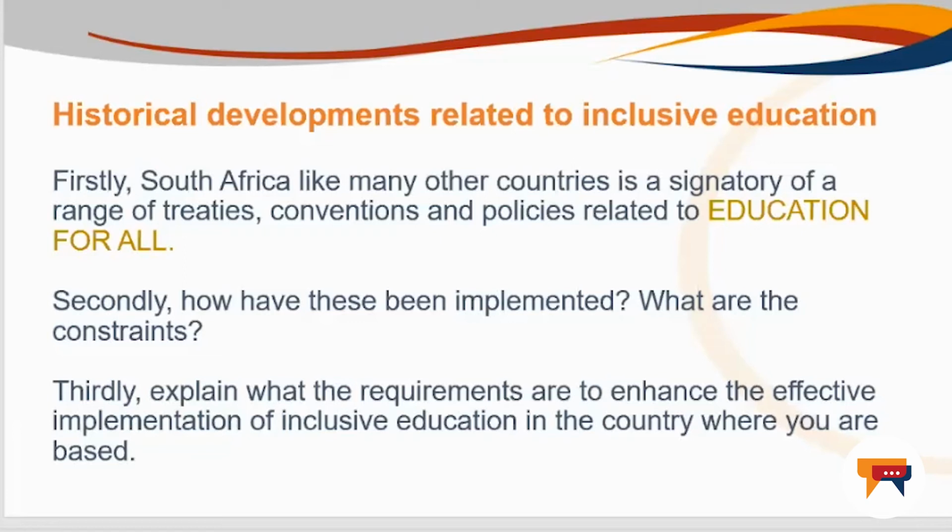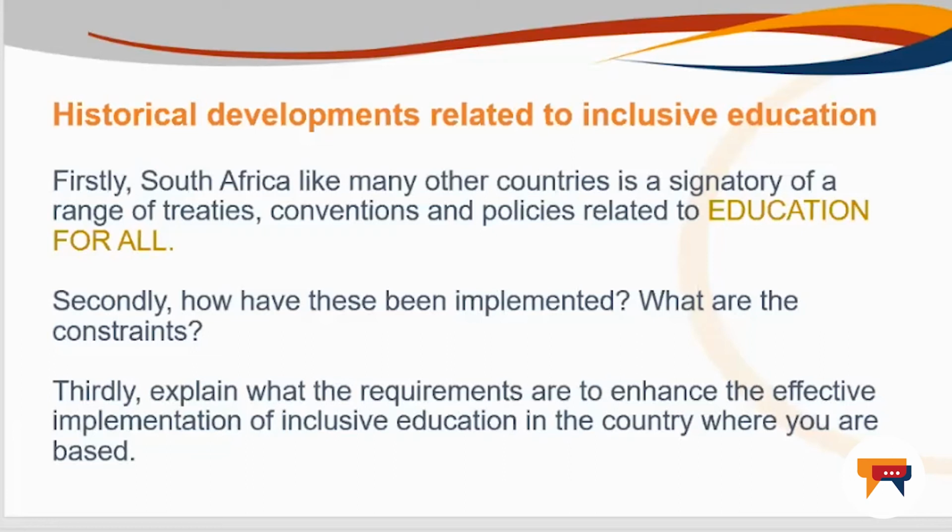Then secondly, we need to consider, although we've got all these policy frameworks, and although we've got all these mandates for what we should be doing, are we doing it in reality? So we have to consider how implementation is happening and what the challenges and the constraints are and what the enablers could be.